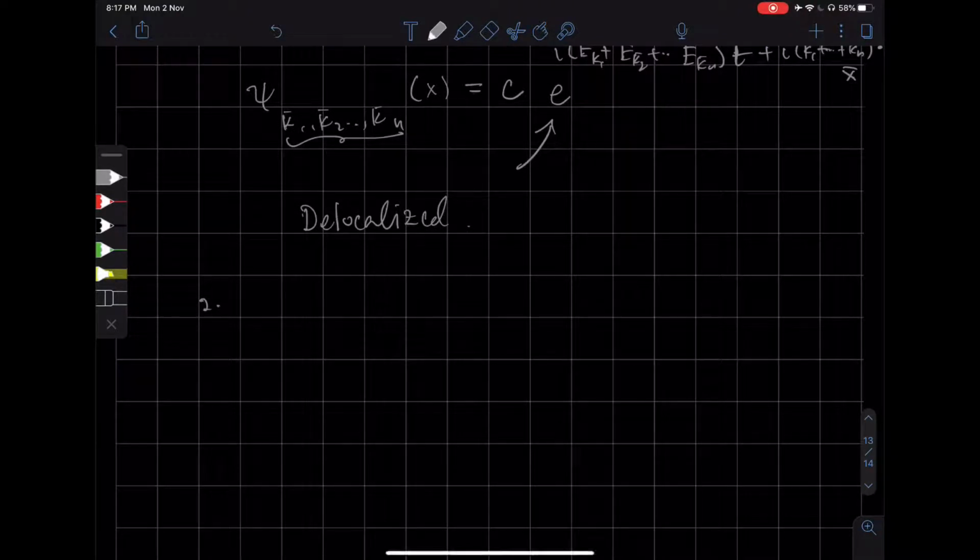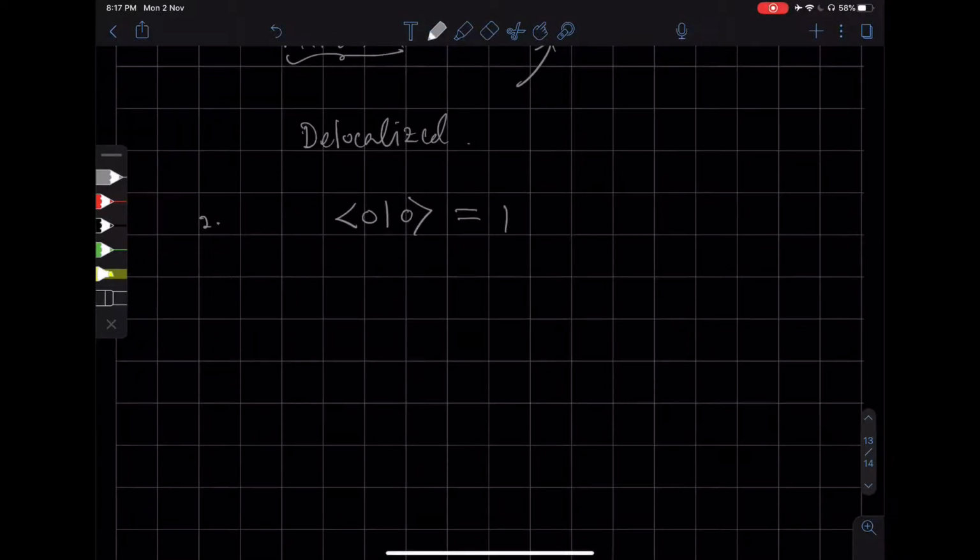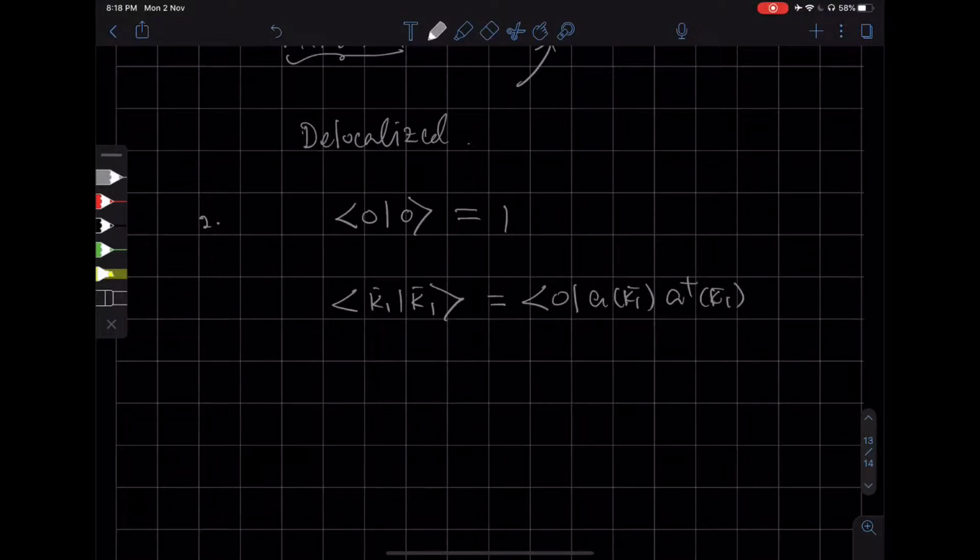Number two is that we assume that the vacuum is a Lorentz invariant quantity and it's normalized. If the vacuum is normalized, then what happens to the particle states? Let's take the state with one particle. Its normalization can be calculated. So this is A dagger of K1 acting on the vacuum and its conjugate.